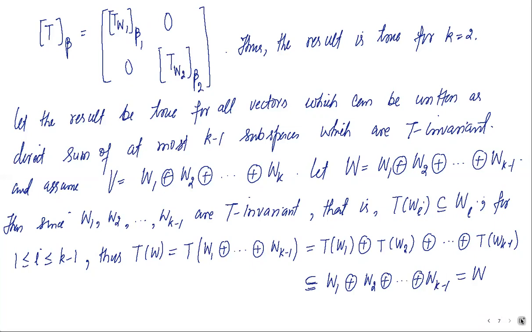So once we have that W is a T invariant subspace, we have V equal to W plus Wk, where W is the sum of the first k minus 1 T invariant subspaces. But now we have expressed V as a sum of two T invariant subspaces.